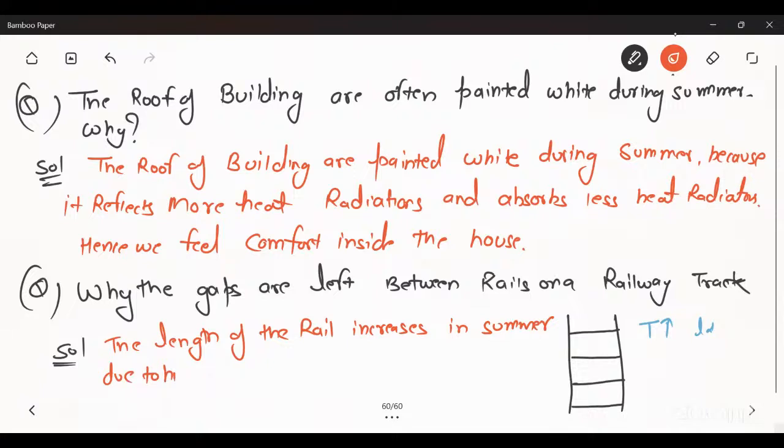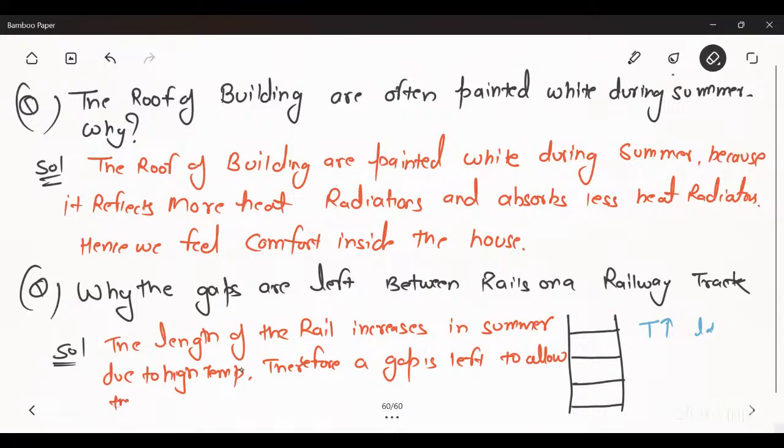Therefore, a gap is left to allow for this expansion.